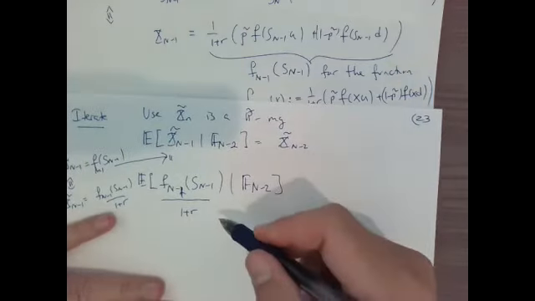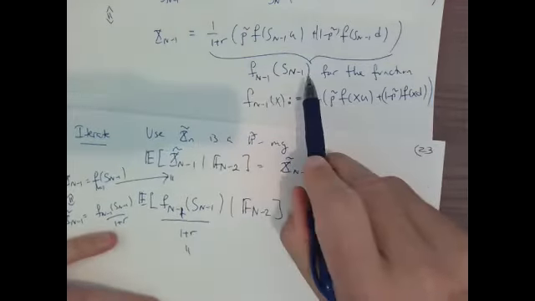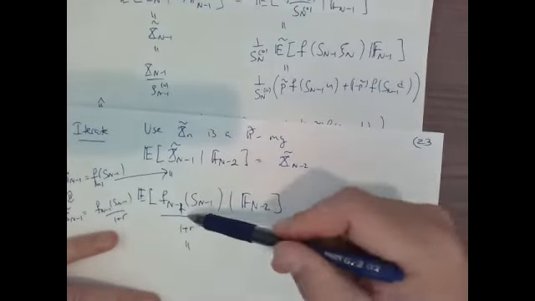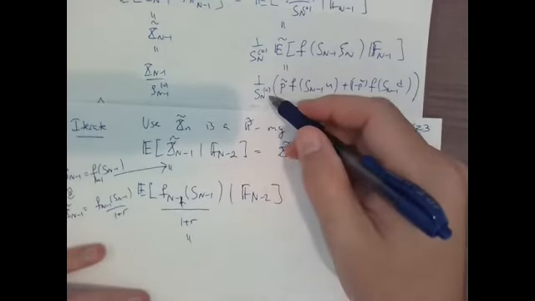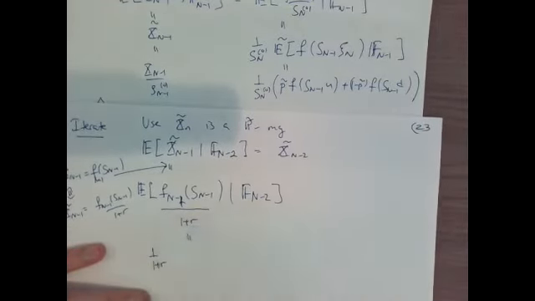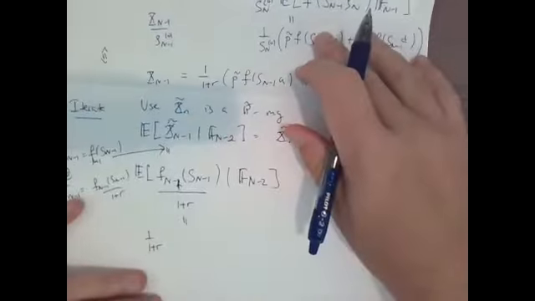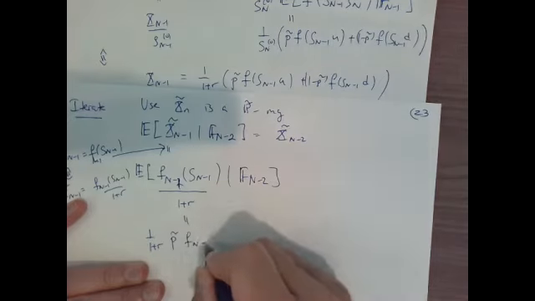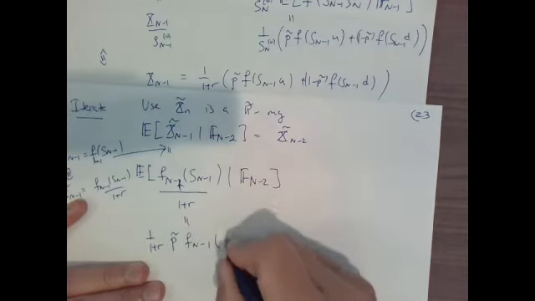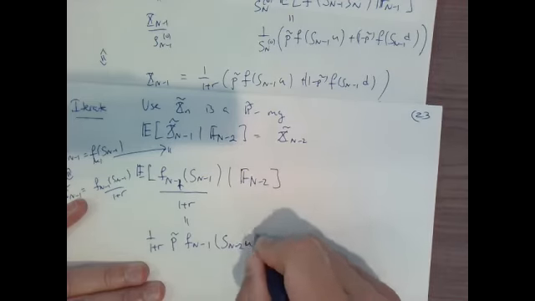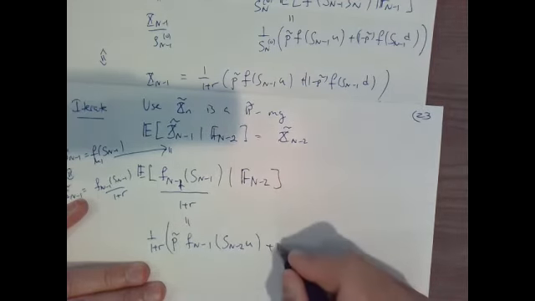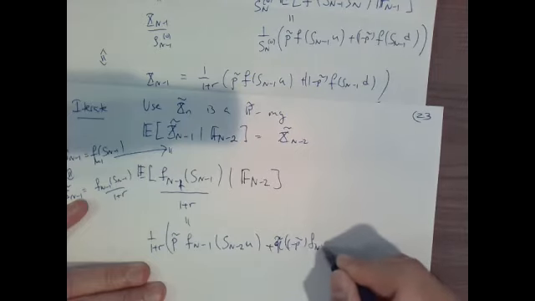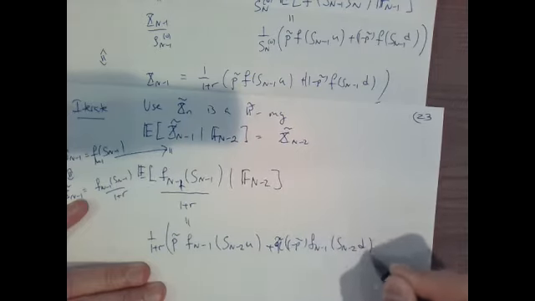So how would I compute it? I would use the same argument as how I went from here to here. It's very similar: 1 over 1 plus r, and then I'll have p tilde F_{n-1}(S_{n-2} times u) plus q tilde, 1 minus p tilde, F_{n-1}(S_{n-2} times d).